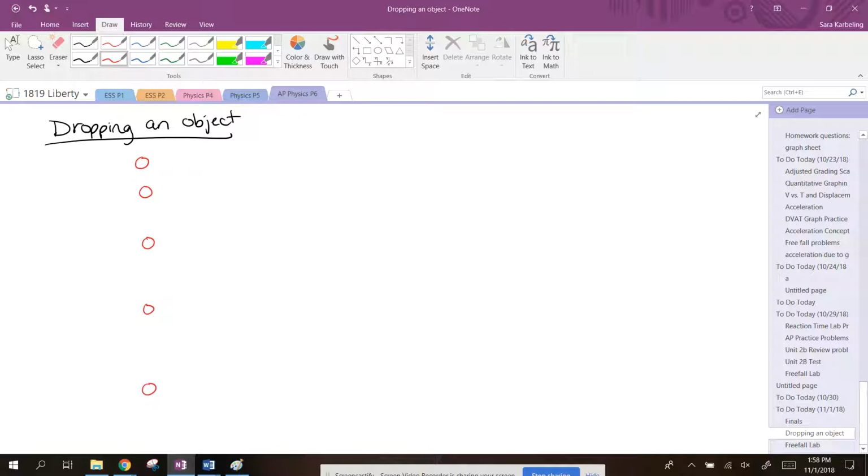The second piece of a motion map is that you can use arrows, vectors, arrows to describe the velocity of the object, okay? So at the very beginning, we're going to have a velocity of 0. And then as it falls, its velocity is going to increase in the negative direction. So I'm going to put a little arrow.